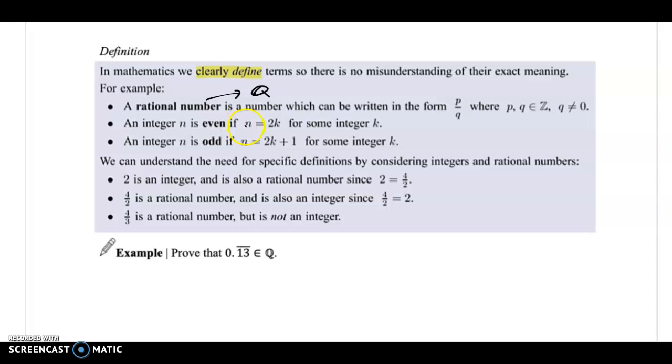And an even integer, as I talked about the other day in class, is 2k, where k is some integer, so these are all your positive and negative even values. And this is all your positive and negative odd values, right? So these are two ways to describe odd and even numbers, and so on.